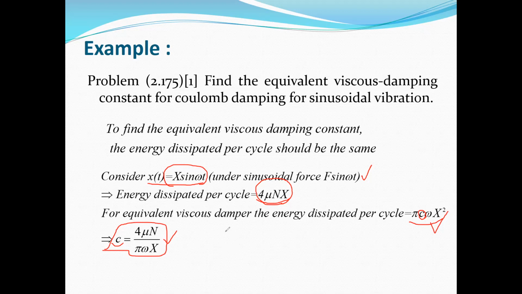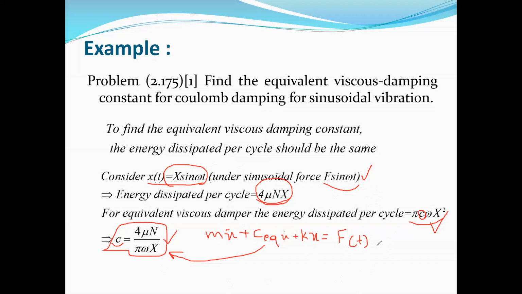I mean, instead of that nonlinear equation, you can use this linear equation, which is m times x double dot plus c equivalent, which in fact is this term, times x dot, and finally plus k x is equal to f of t, which I told you is a harmonic excitation, F sine omega t.